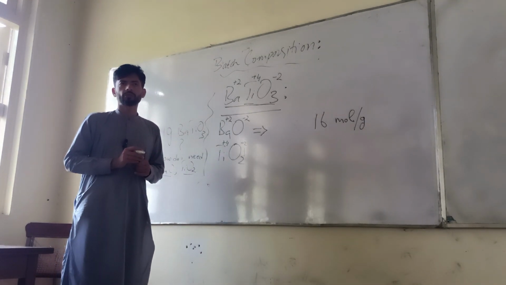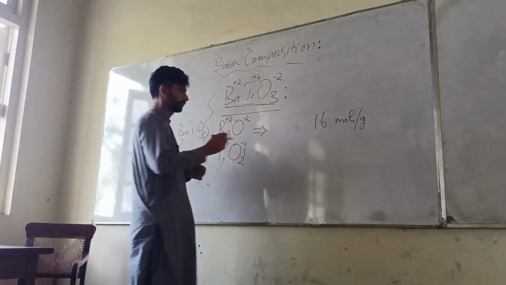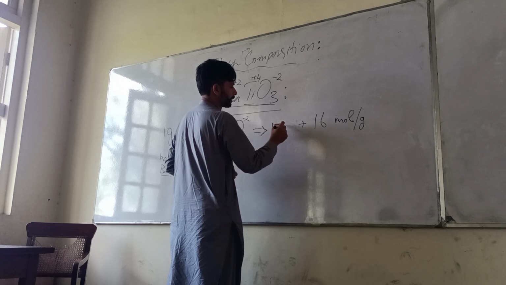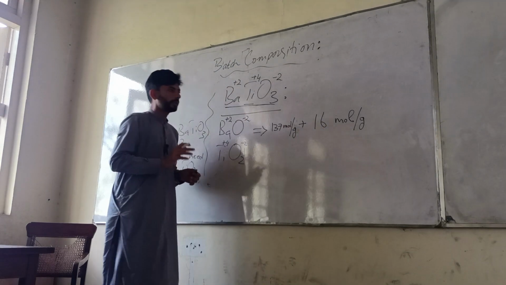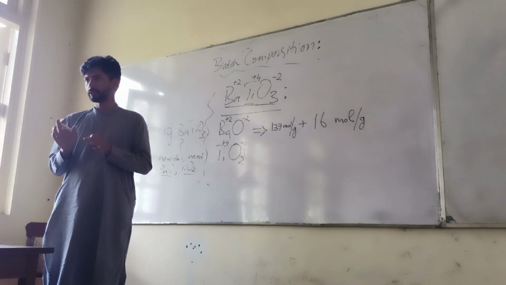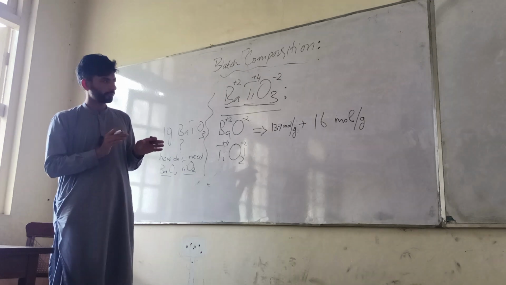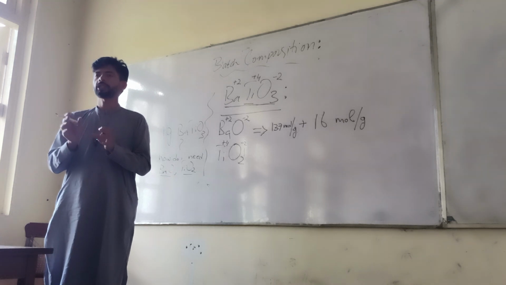I think it is 137. 137 grams per mole. This method is very simple, but a little bit confusing. So before going into this method, just understand the basic logic.